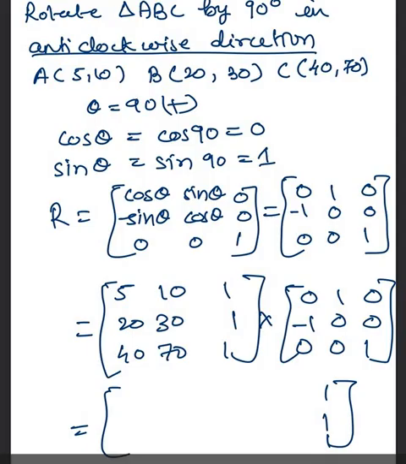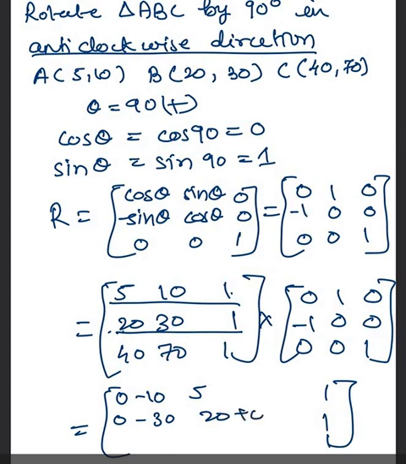Normal matrix multiplication, first row into first column you will do. And once you are done with that, you will start getting the answers. Remember, here also the last column is going to be 1, 1, 1. Be careful when you are multiplying with 0. Do not perform addition.